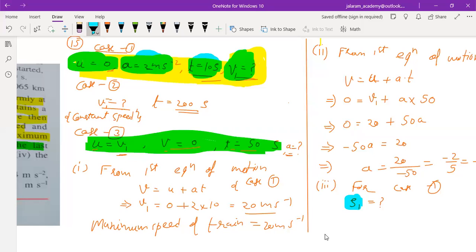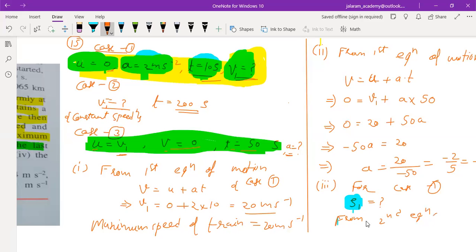So if you think about the second equation of motion, now what is the second equation of motion? It is S equals ut plus half at square. We have to find S; u, initial velocity, t, time, a are given. So we will use that equation of motion only.